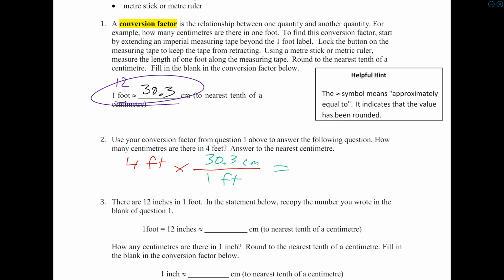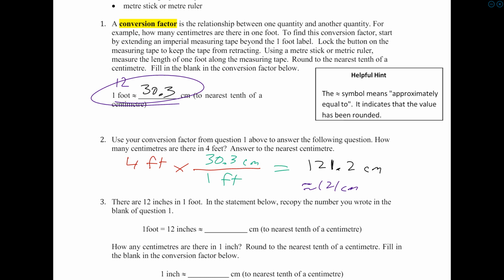So what we end up with is 4 times 30.3, which is 121.2 centimeters, approximately. And we recognize I did use an approximation of 30.3, so this is approximately 121.2 centimeters. Oh, it tells me to the nearest centimeter. So I guess I could then round to approximately 121 centimeters.